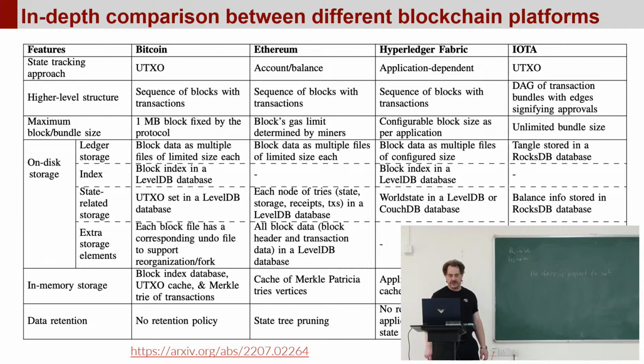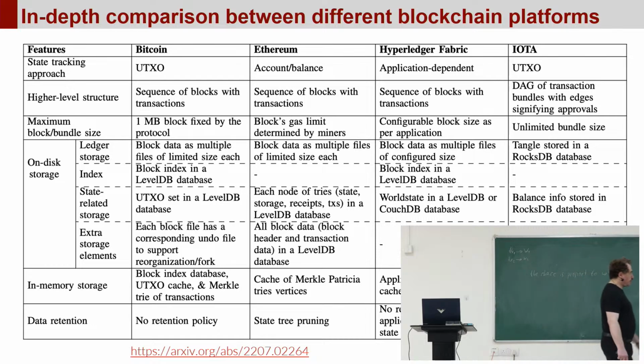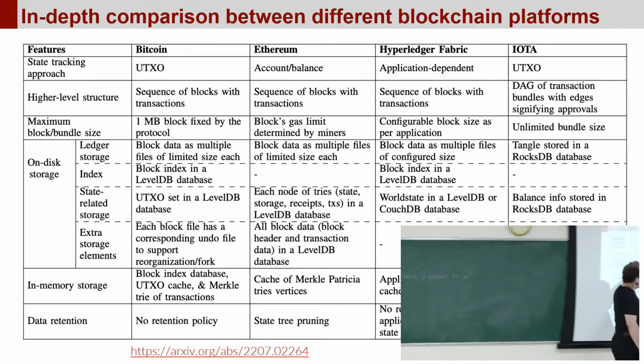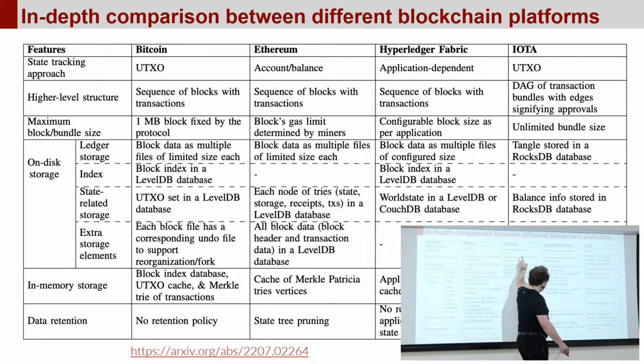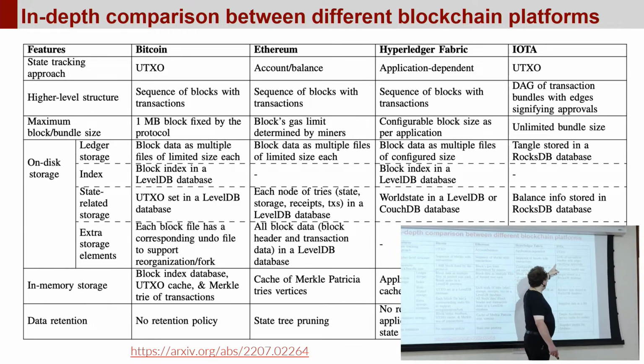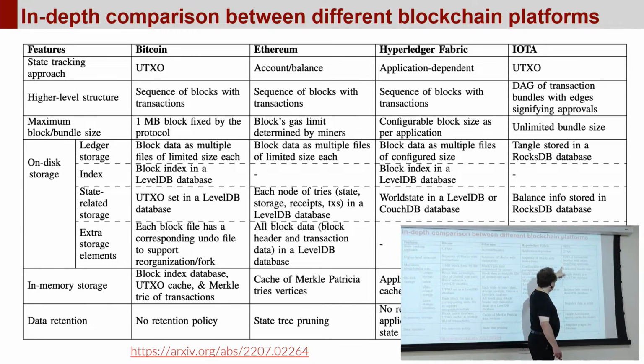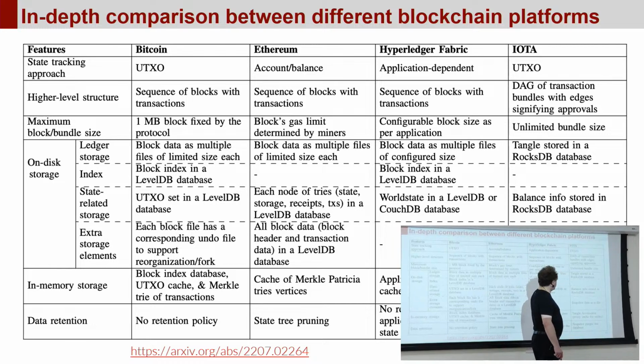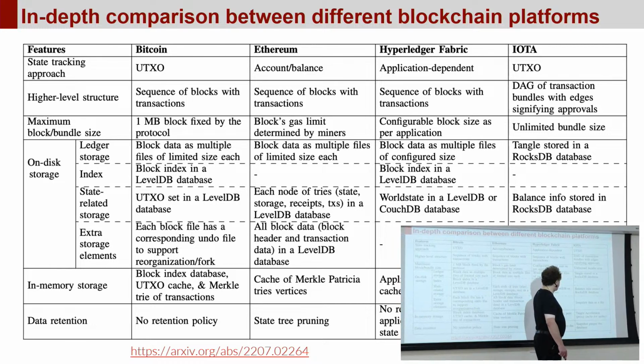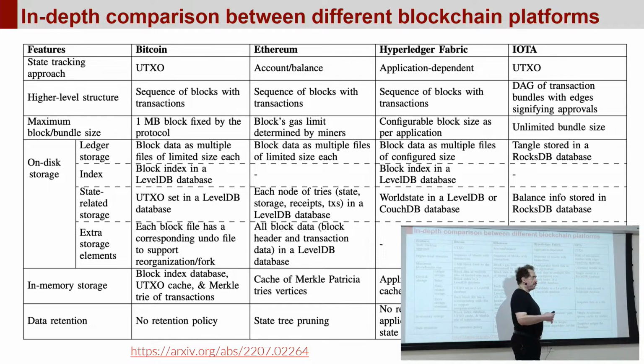So let's come back to the table which compares different systems, but now we are looking at the IOTA column. IOTA is also using UTXOs, not accounts. It produces a DAG of transaction bundles with edges signifying approval. The Tangle is stored in a RocksDB database, so there are no blocks stored in files on disk, in contrast to the other systems.